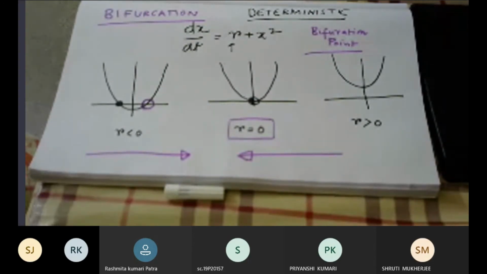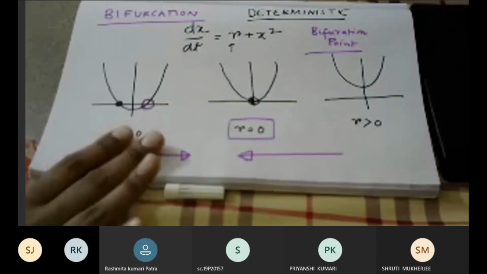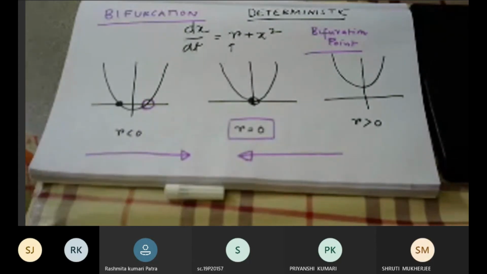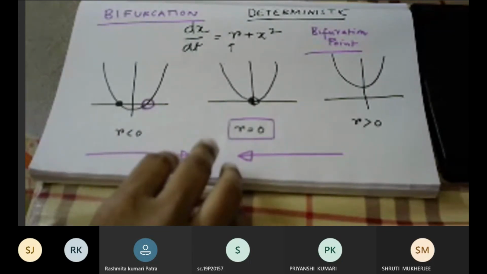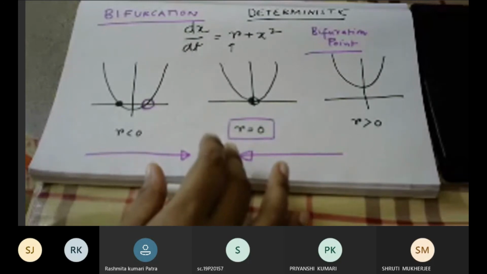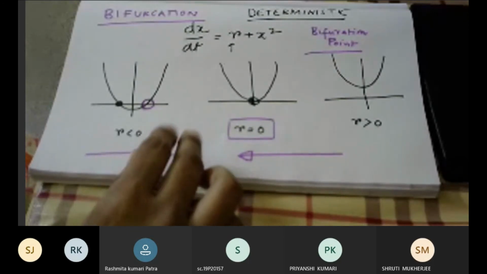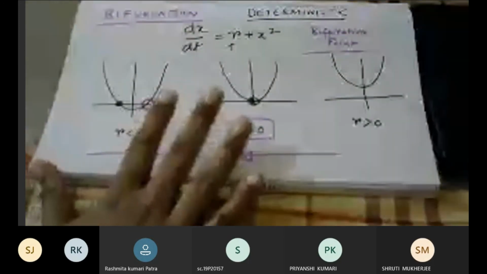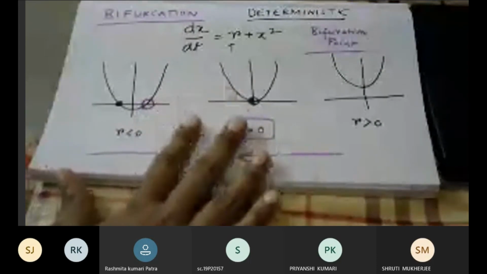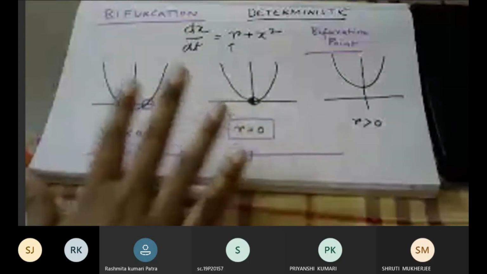Yes, ma'am, I have understood. I understand that this is a very critical idea, and if you have any doubts regarding this, we can clarify them. As I said in the definition of bifurcation, fixed points get created, destroyed, or change their stability.